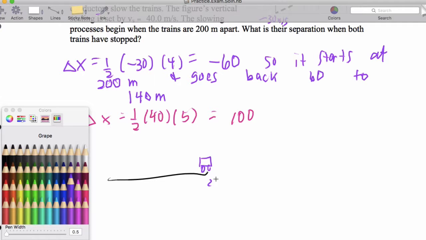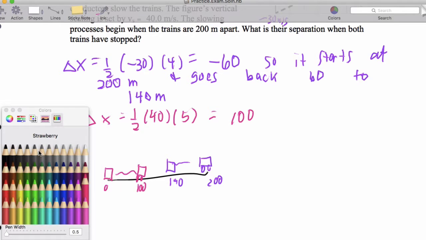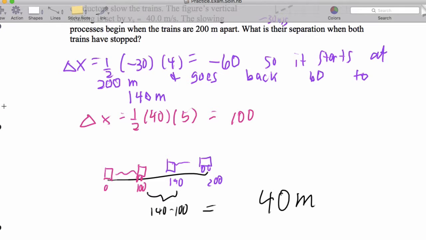I've got this train that starts at 200. It goes back negative 60, lands at 140. Then I've got the other train here. It starts at 0 and winds up at 100. So the separation here is exactly 140 minus 100. The answer is 40 meters using the area.